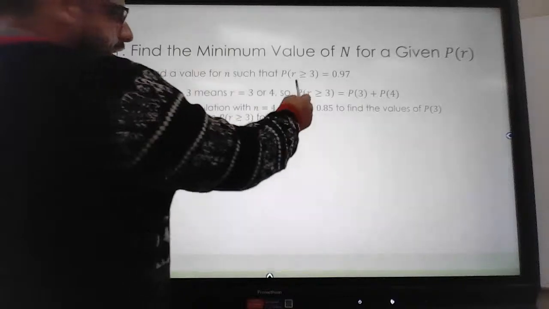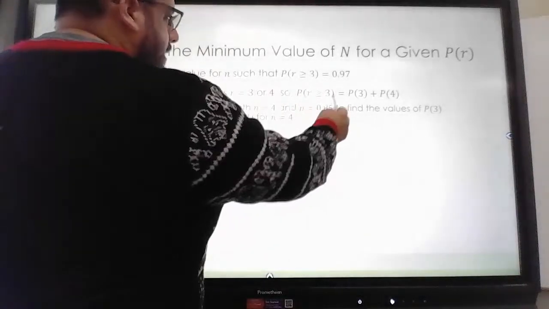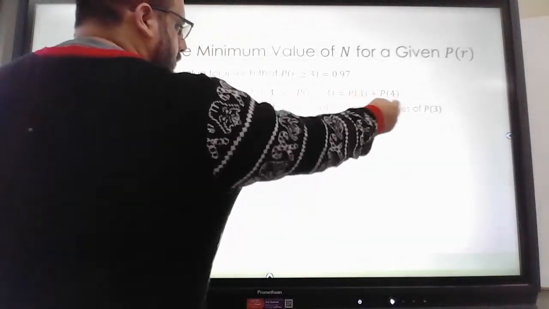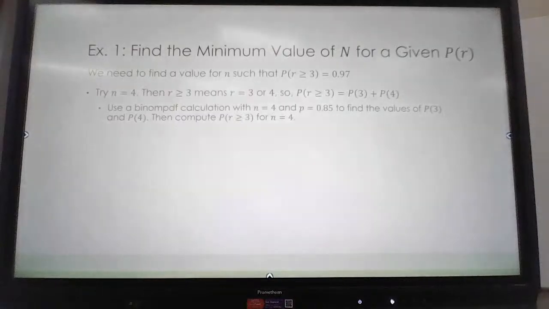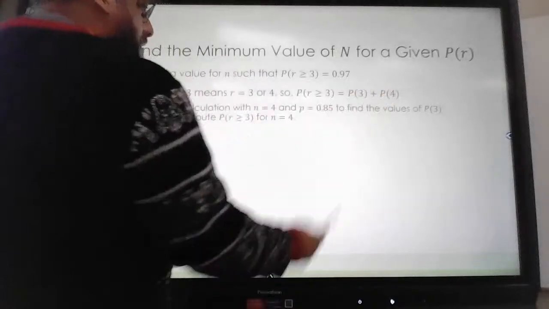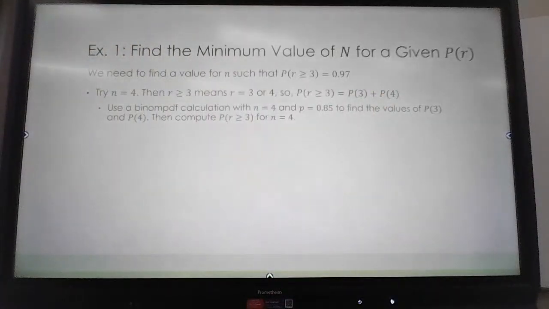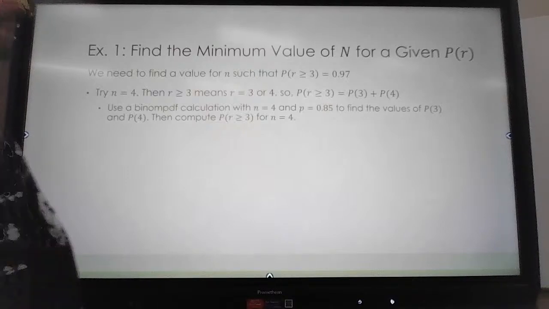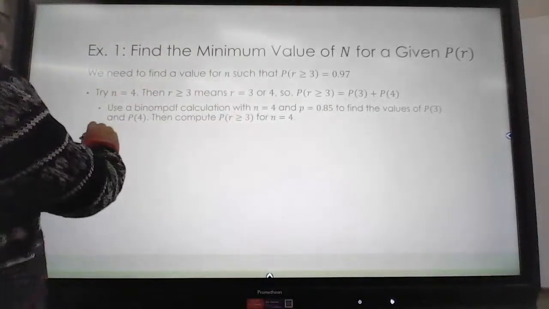So the probability of r being greater than or equal to 3 should be p of 3 plus p of 4, because remember, they're mutually exclusive events. So we're going to do binomial PDF calculations with 3 and 4 to find the values of p of 3 and p of 4, with our small p being 0.85. So remember, this is binomial.